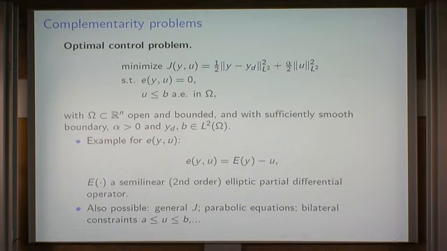And let's assume, for simplicity again, the control is bounded by some upper bound b almost everywhere in the domain omega, where you need to solve the PDE. There could be a lower bound, there could be other types of constraint, it could be just a convex constraint, but let's just be explicit and simple and look at this.